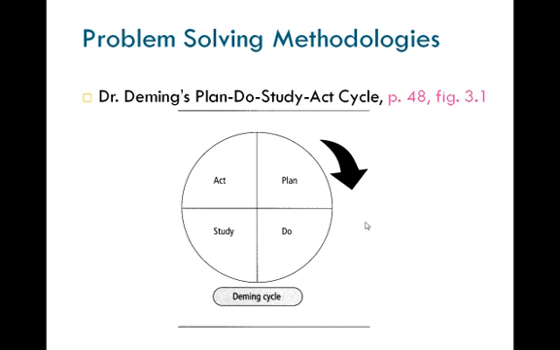So the planning phase takes up most of the time in the problem solving methodology. Then comes the do phase, which means we have to identify, select and implement a solution. You can see that takes up relatively little time. Then in the study phase, you would evaluate the solution. Sometimes this phase is also called the check phase. There are certain tools that go with this, and they are outlined in your book.